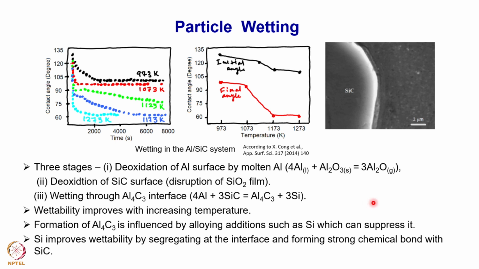And silicon also improves the wettability by segregating at the interface and forming a strong chemical bond with silicon carbide.